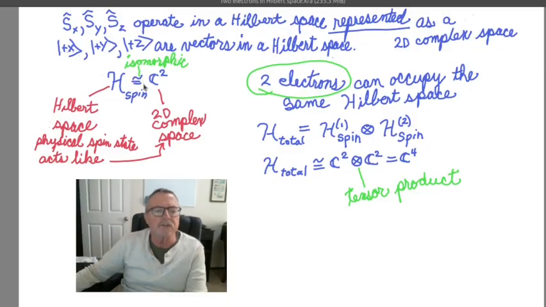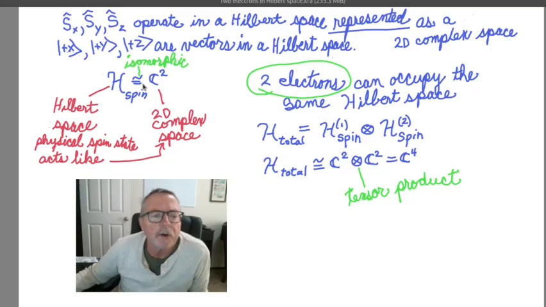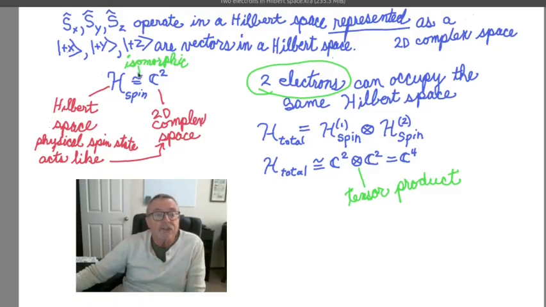Now at first you're going to think that's approximately equal to, but that symbol's a little different. It has two squiggles. So this equal sign with a squiggle over the top stands for the fancy word isomorphic, which basically means the 2D complex space represents the way the spin thing operates.